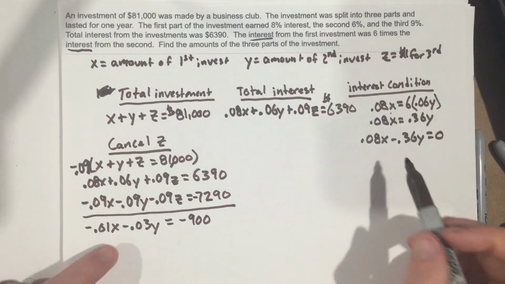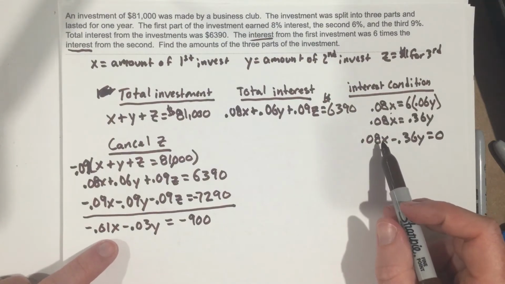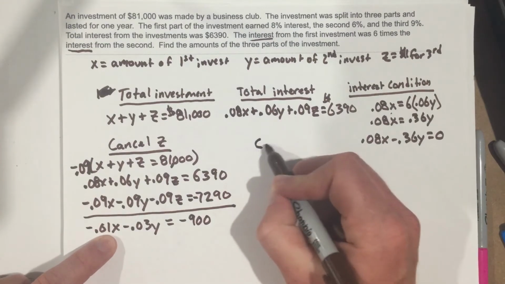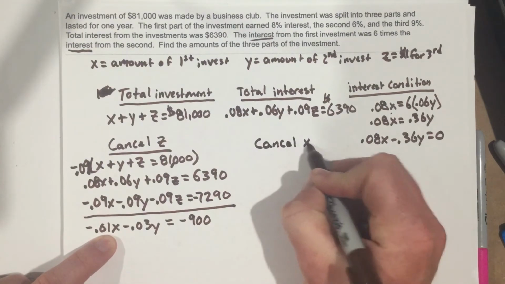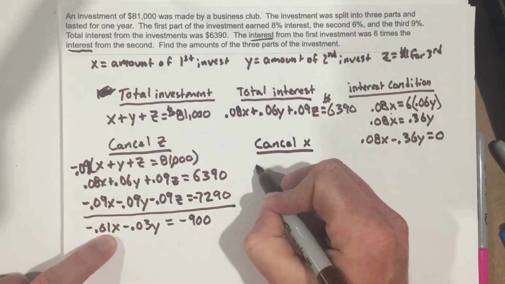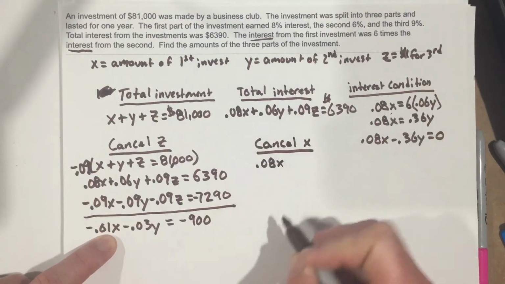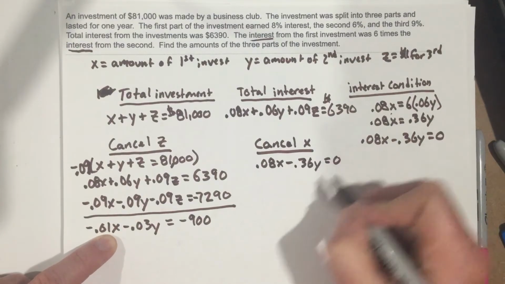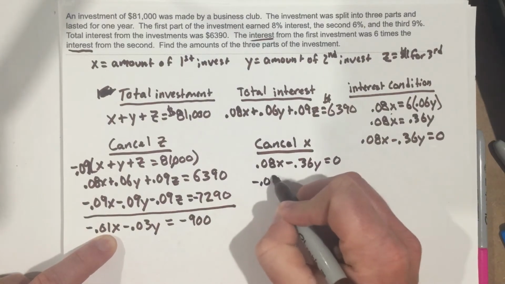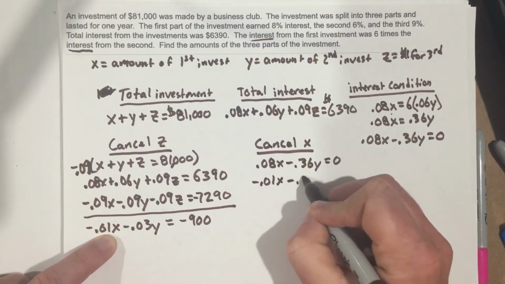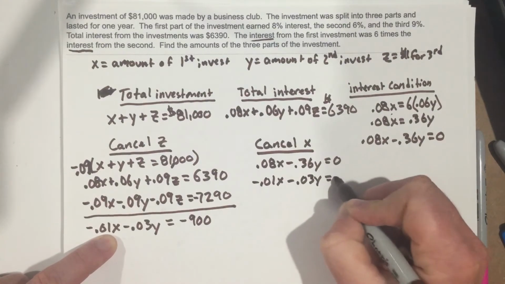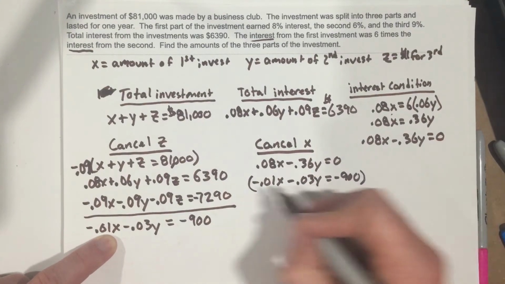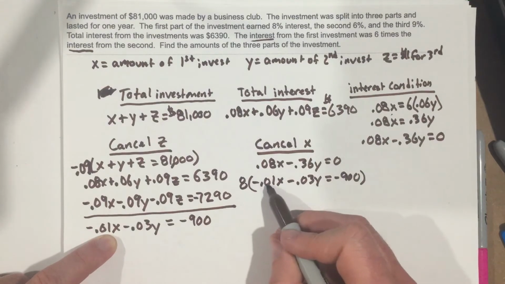And now I'm going to cancel out the x value here. So we're going to have 0.08x minus 0.36y equals 0. And then we're going to have negative 0.01x minus 0.03y equals negative 900. We're going to multiply this by 8 because 0.01 times 8 is 0.08.